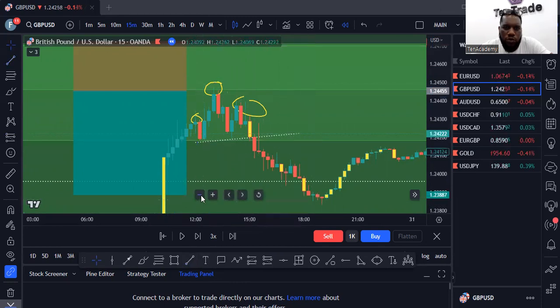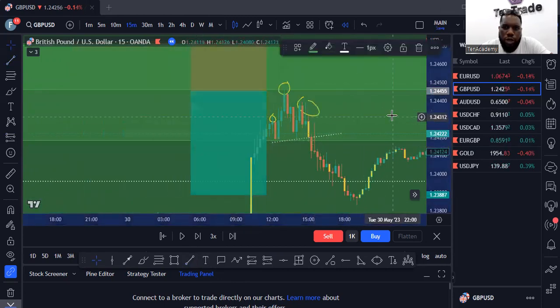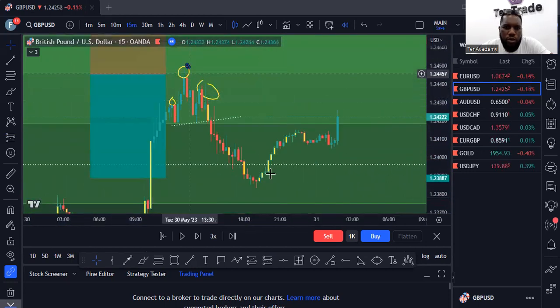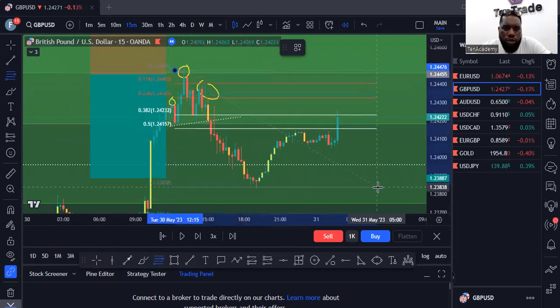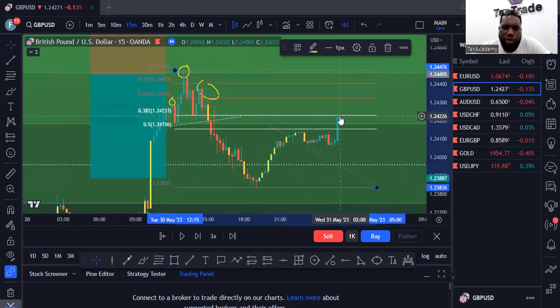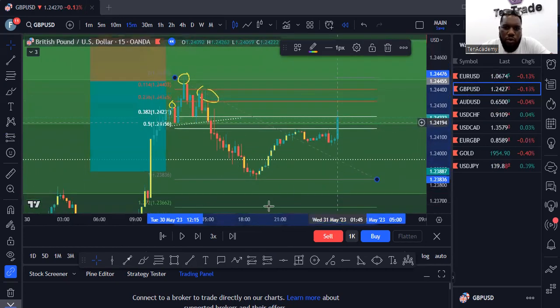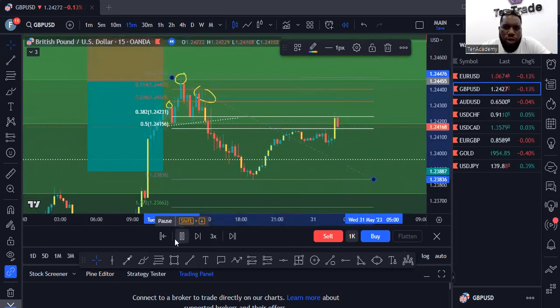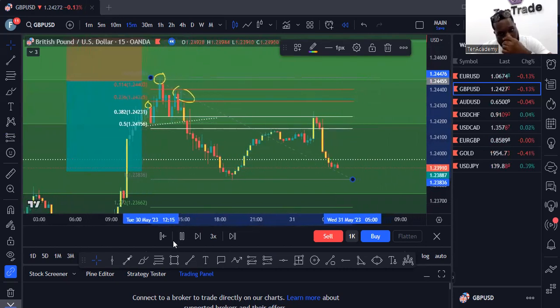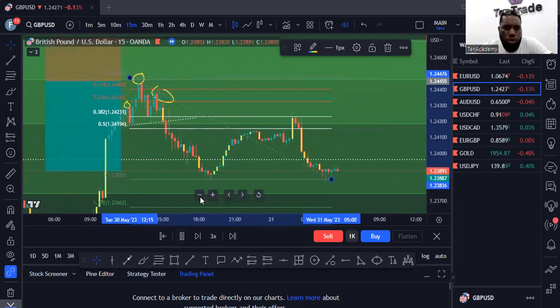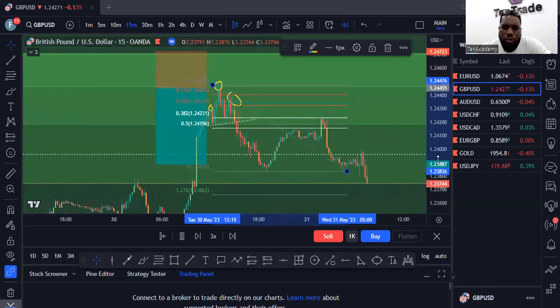What you could have done is, as price was retracing, use Fibonacci, take entry over here or set a pending order for a sell limit. And price started dropping from there. So overall, our analysis on Tuesday actually played out.